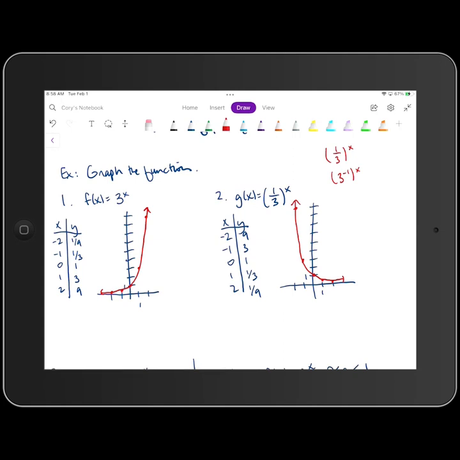A power raised to a power is like saying 3 to the -x power. If we compare the graph of 3 to the x power on the left with 3 to the -x power on the right, taking the opposite of the x value for a function corresponds to a y-axis reflection, which is demonstrated by those two graphs.